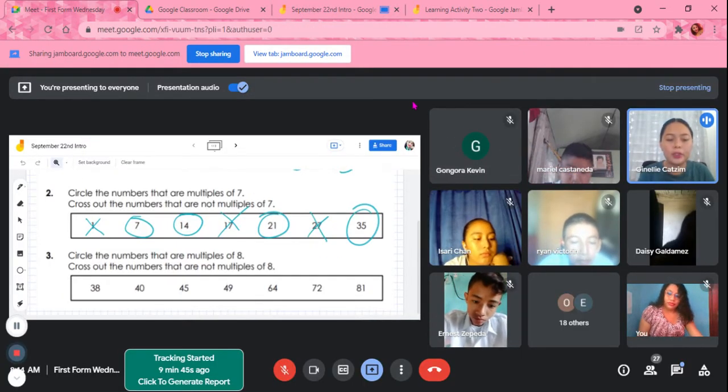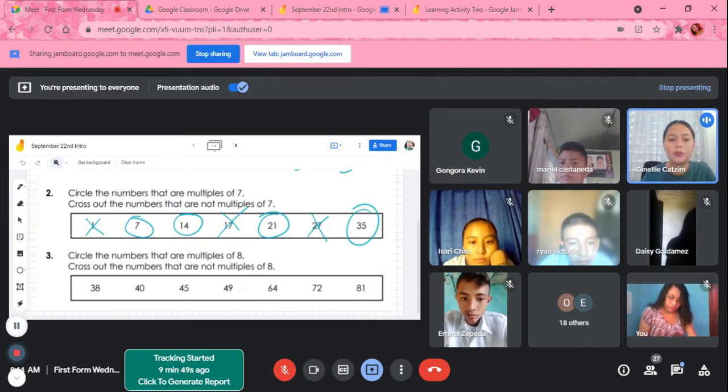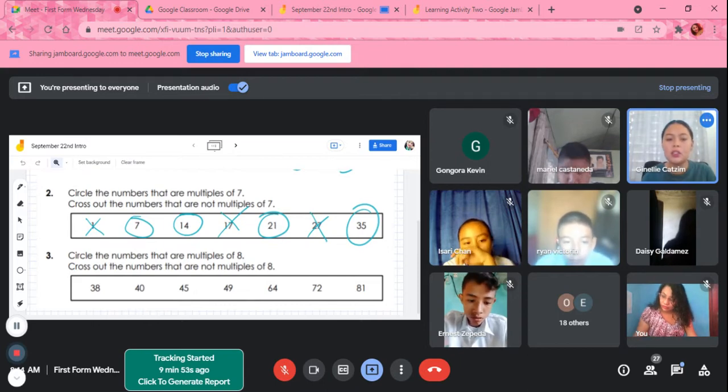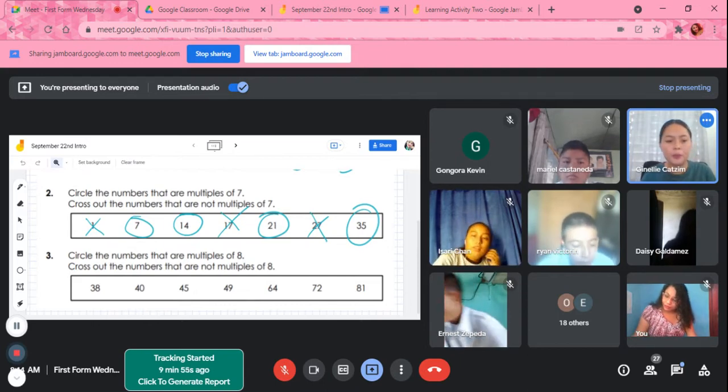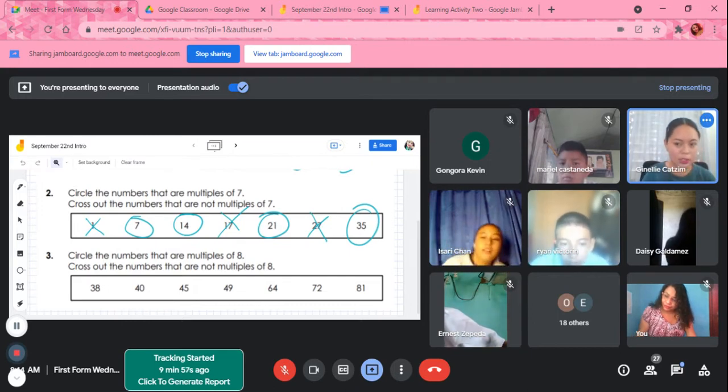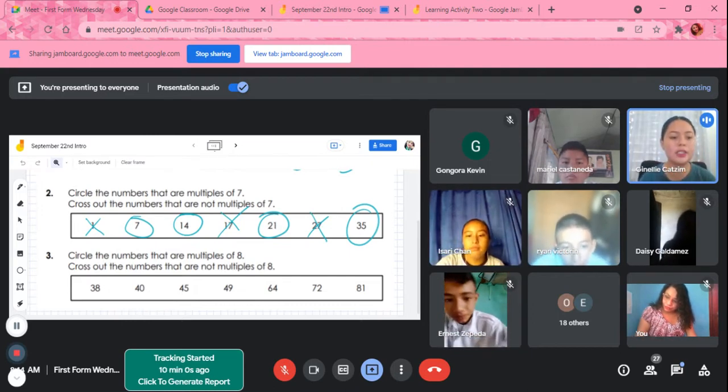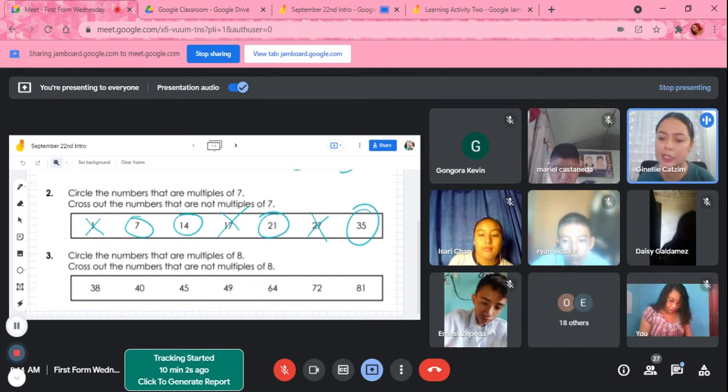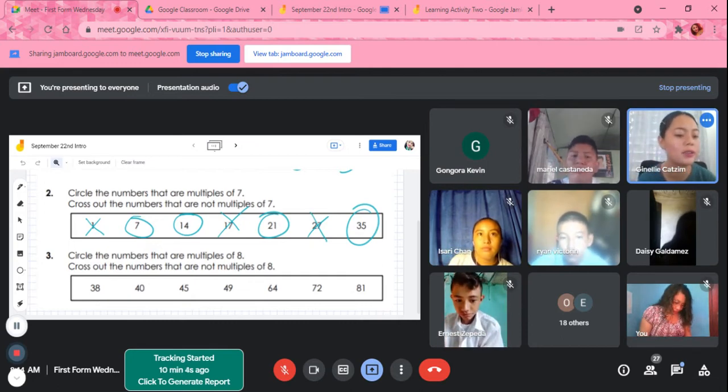Now we have the third one. Circle the numbers that are multiples of 8. Cross out the numbers that are not multiples of 8. So for the first one, can I get a volunteer to see if it's a multiple, and if it is, why or why not?